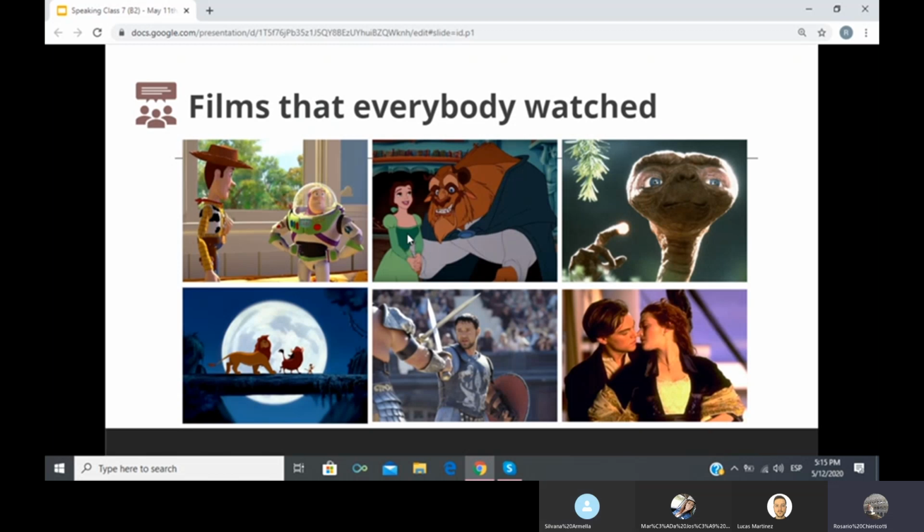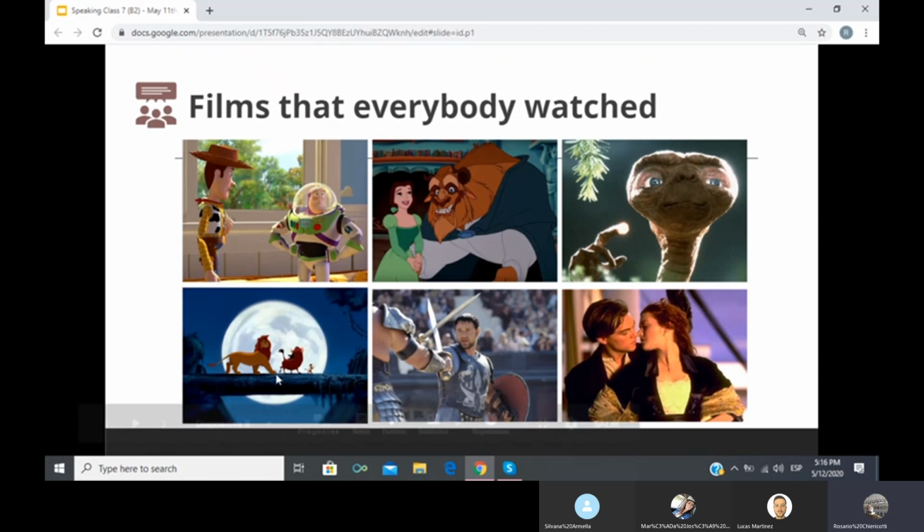And what happened? ¿Qué más pasó? What else happened? I don't remember more. Okay, it's okay. I mean, they kissed each other and they fell in love, right? They fell in love. Very good.